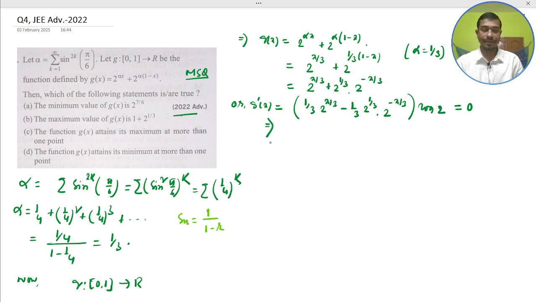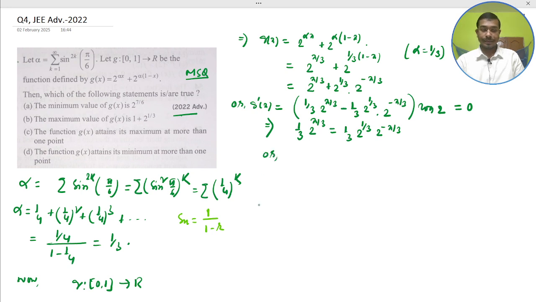We also discussed in the chapter summary in an earlier class. That would be 1/3 2 to the power x by 3, equal to 1/3 2 to the power 1/3 2 to the power minus x by 3.